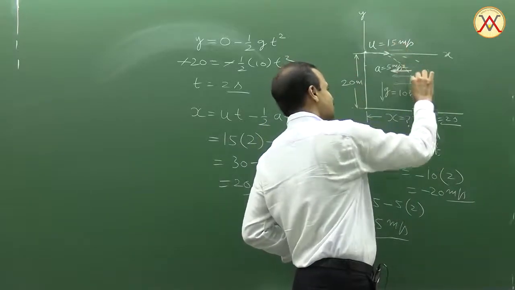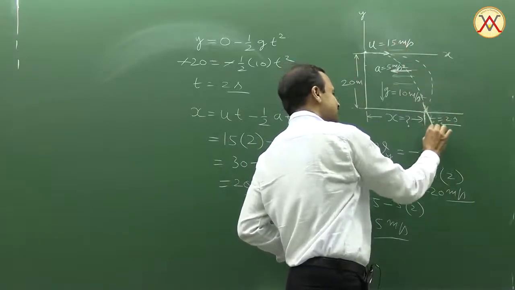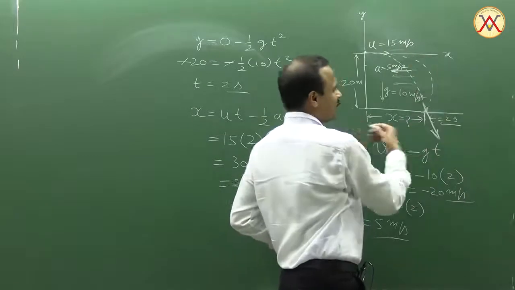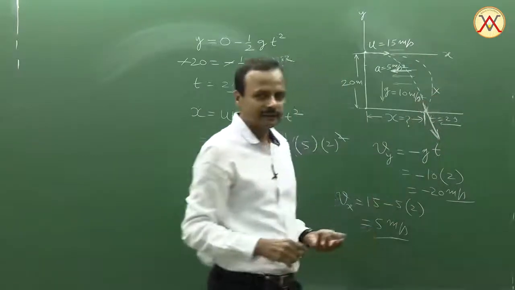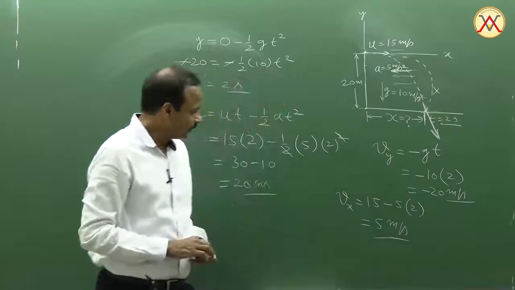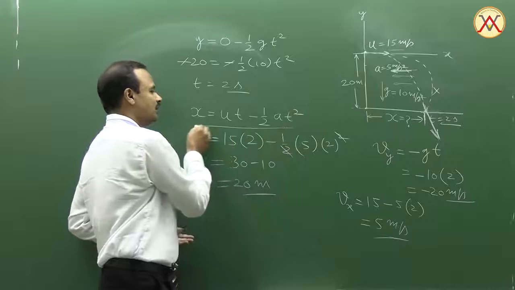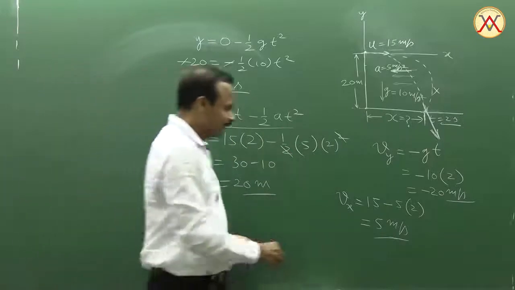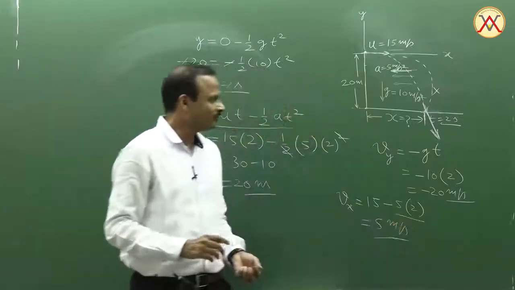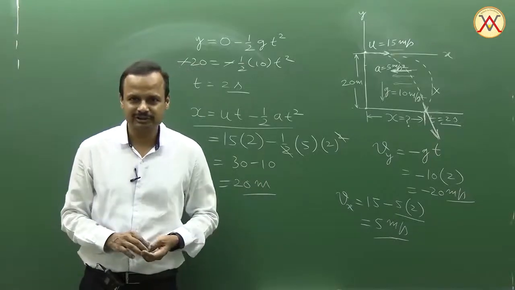So the path of the projectile should be somewhat like this and not coming back as I had shown earlier. This is how the results for x and V_x have to be modified if you have some acceleration in the x direction.